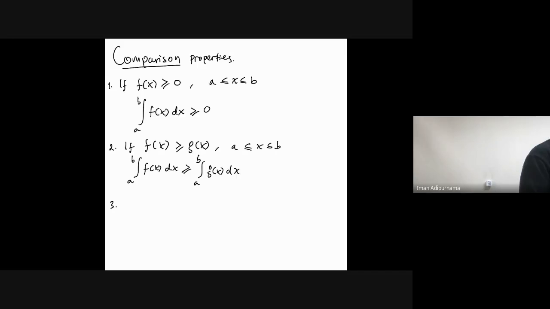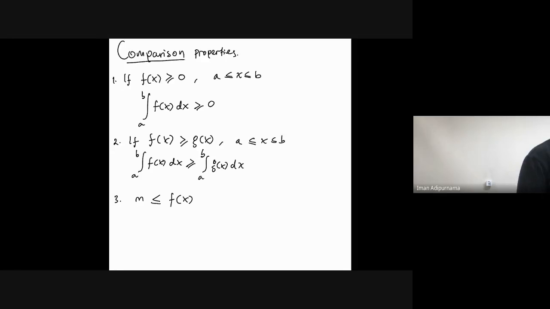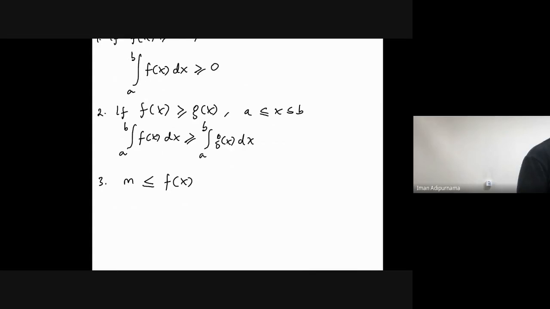And third, let's say you have small m less than or equal to the function, and it is also less than or equal to the capital M, same a and b.